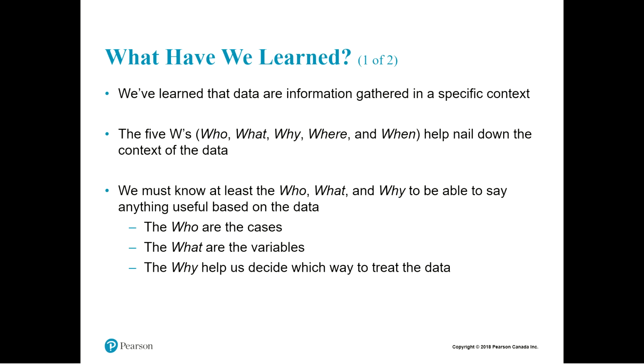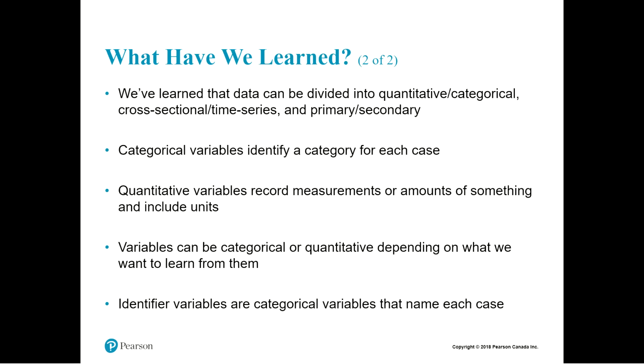Now, again, continuing on what we have learned: data can be divided into quantitative, categorical, cross-sectional or time series, and primary and secondary. Categorical variables identify a category for each case. Quantitative variables record measurements or amounts of something and include units.